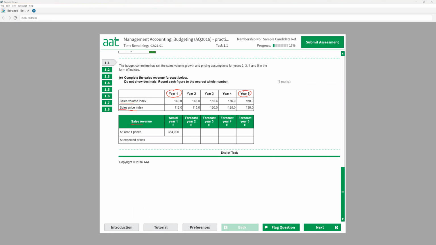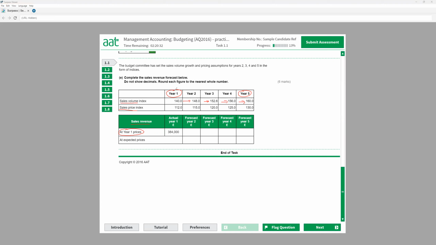So we have a sales revenue. At year one, the price is 384, so they give us 384. After that, we have to look at the increase from one year to the next. The sales volume index shows 140 in the first year, then 148, 152, 156, and 160.